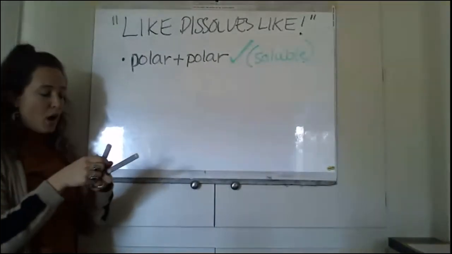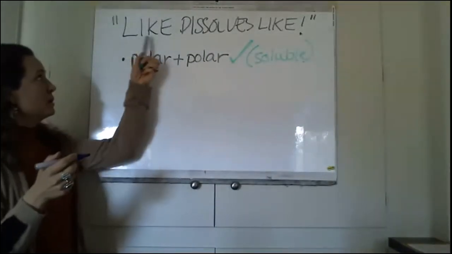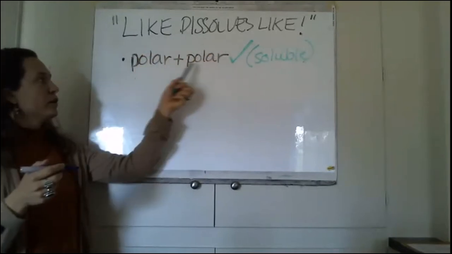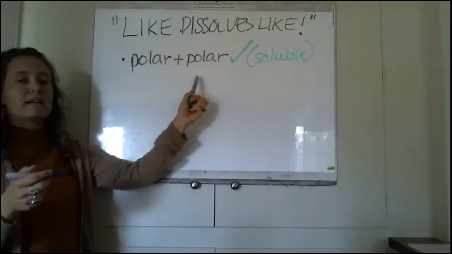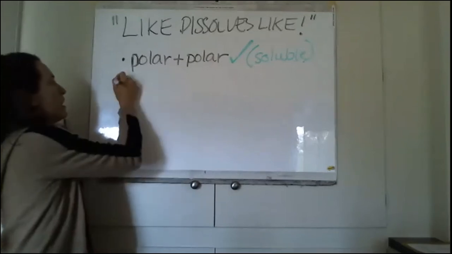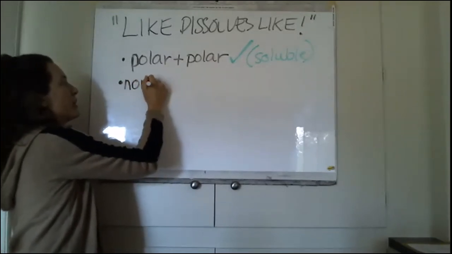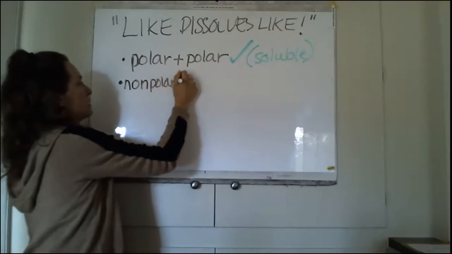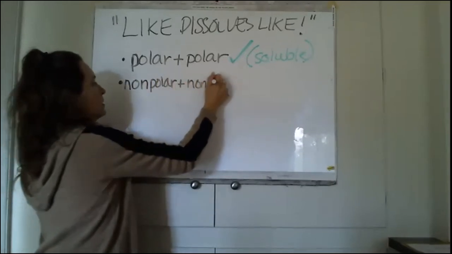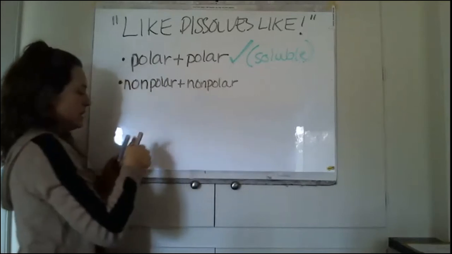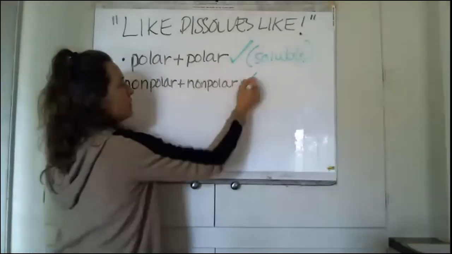Nonpolar and nonpolar, so like dissolves like. So polar and polar, when they're alike, they dissolve in each other. When they're both nonpolar, nonpolar and nonpolar also dissolve in each other. They are soluble. They dissolve.